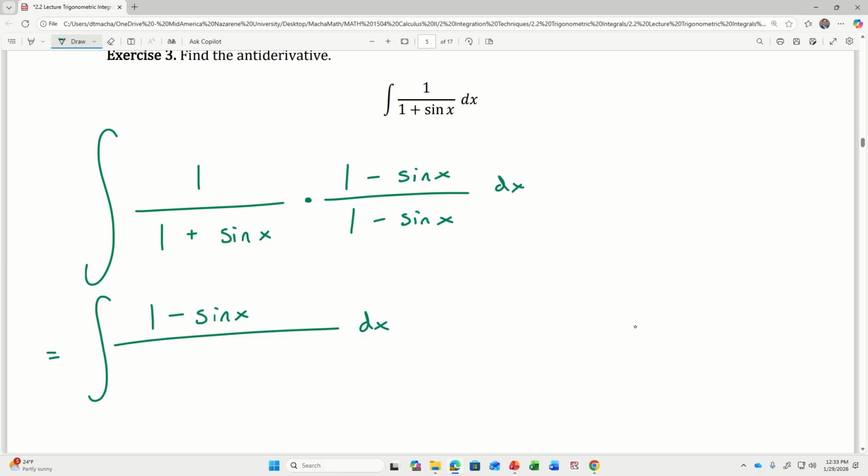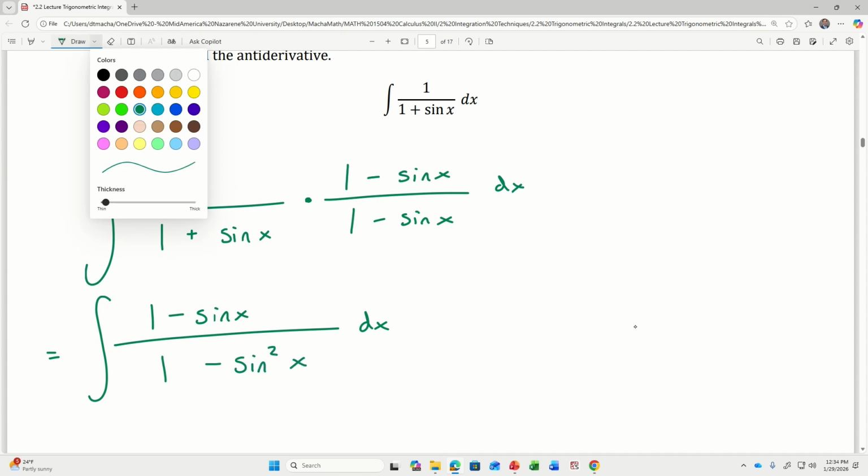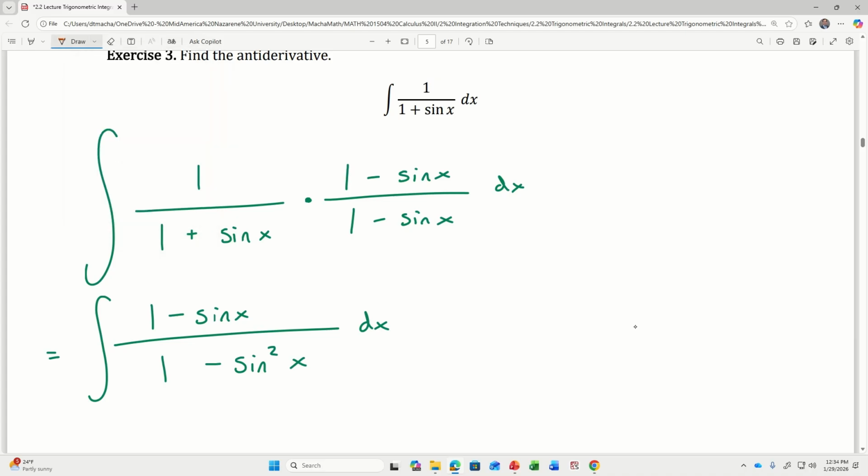Yeah. You get the 1 times 1, and then the inner and the outer are going to cancel each other, right? Positive sine and negative sine. And then when I have positive sine times a negative sine, I get 1 minus sine squared x. Now, the Pythagorean theorem gives us a nice trig identity.